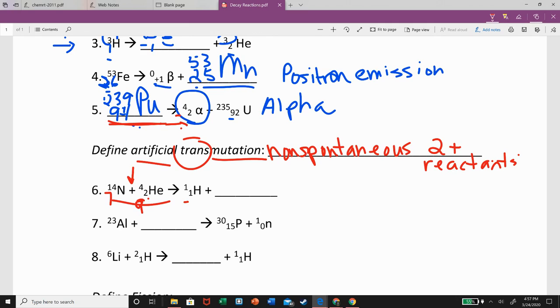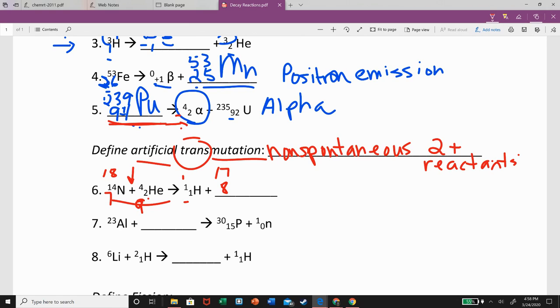I have a 1 over here. So then what number plus 1 equals 9? Okay, do we agree? 8, right? 8 plus 1 equals 9. Okay, so now I have a 14 plus 4. So that's a total of 18 on that side. And I have a 1 over here. So what number plus 1 equals 18? 17.